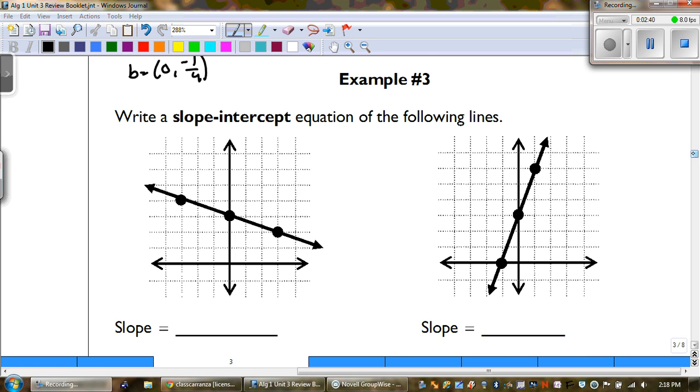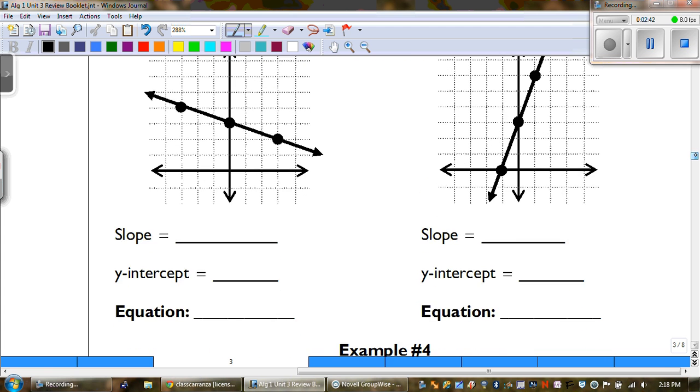Okay, so example number 3 says to write a slope-intercept equation of the following lines. So when we're doing slope-intercept from a picture, we need to know the slope and we need to know the y-intercept. So you go from one point to the other. I go down 1 and to the right 3. So that means my slope is negative 1/3.